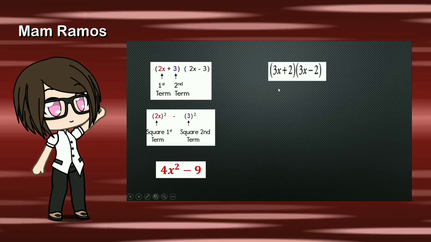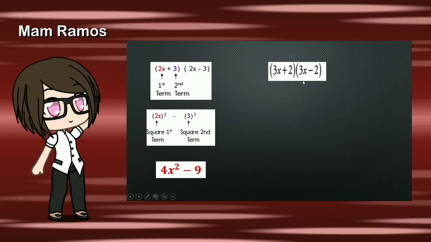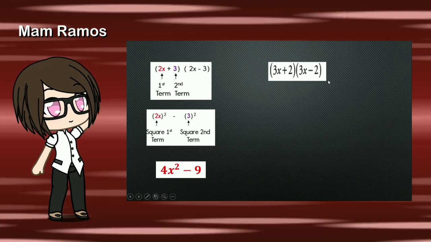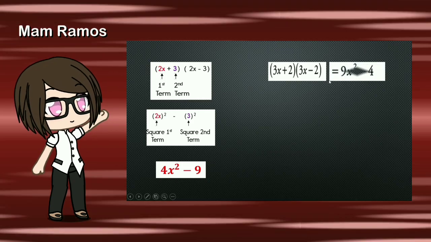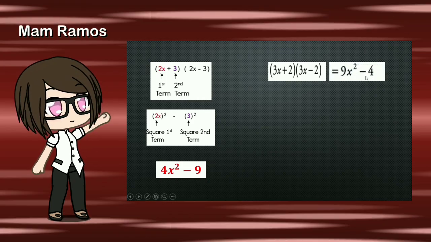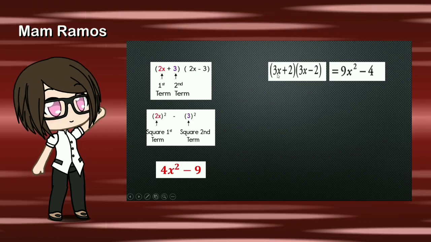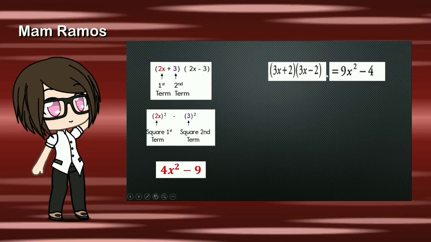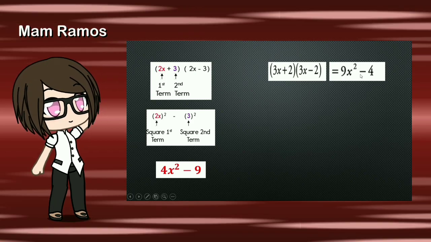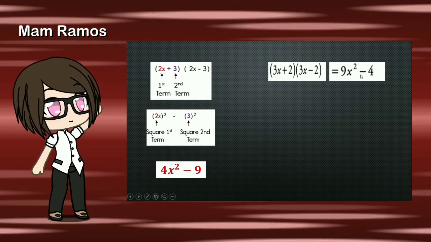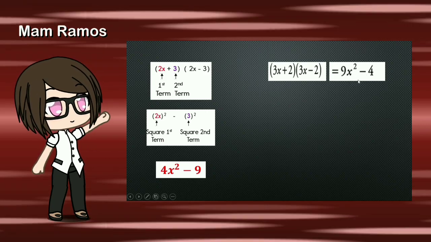Next is quantity 3x plus 2 times 3x minus 2. The result will be 9x squared minus 4, because we can also multiply: 3x times 3x is 9x squared, positive times negative is negative, and then 2 times 2 is 4.